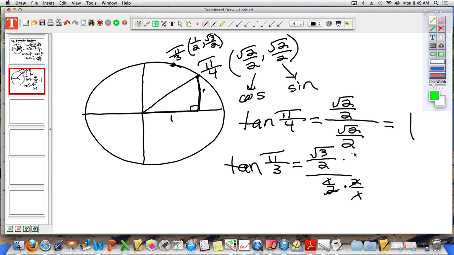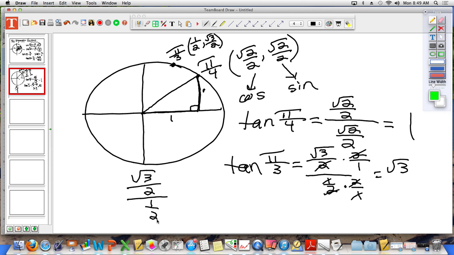So you're actually multiplying by 2 over 1 on the top. This 2 on the top and the 2 on the bottom cancel out, and it leaves you with the square root of 3. So this is what I want you guys to recognize. We started with the square root of 3 over 2, and we have to divide that by 1/2.